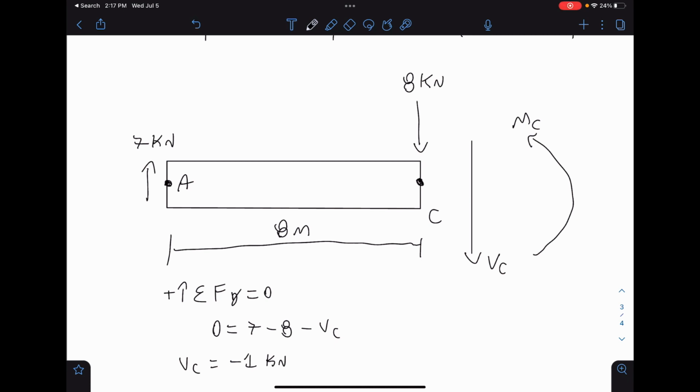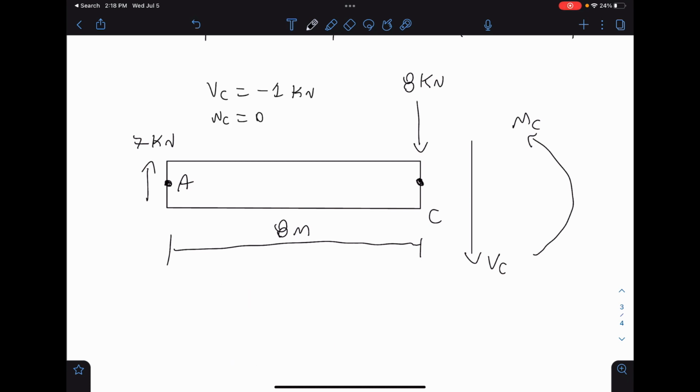So now let's find our bending moment. We take the moments about C, and let's take counterclockwise to be positive this time.